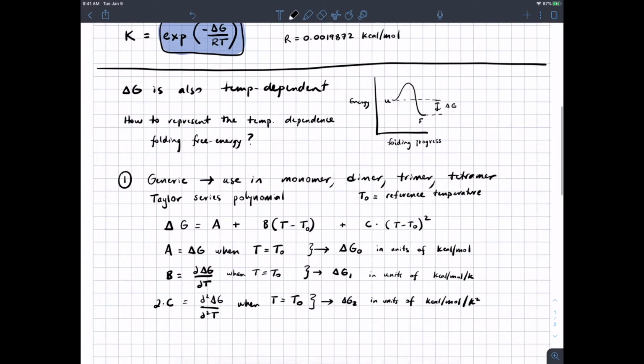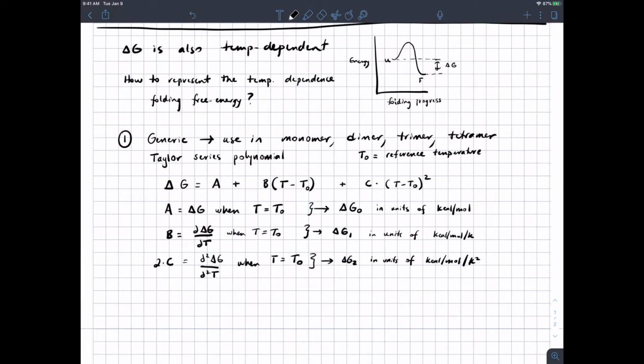All right, and so I suppose we might summarize and rewrite the equation at the beginning. This equation for delta G: delta G0 plus delta G1 times (T minus T0), the reference temperature, plus delta G2 times (T minus T0) squared.